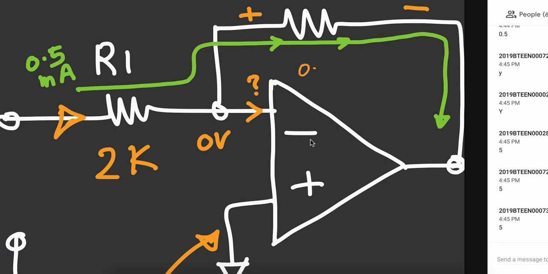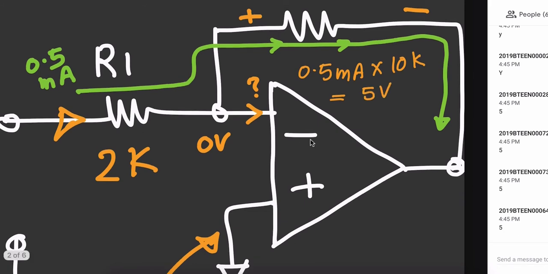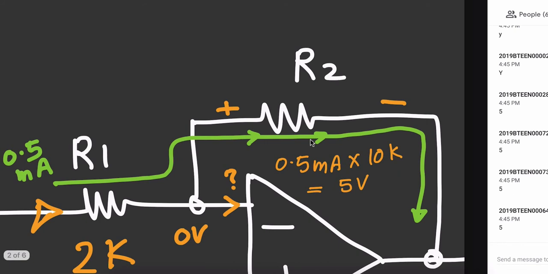So 0.5 milliampere into 10K, ये कितना है? 5 volt. Okay, so this will be 5 volt drop across this.